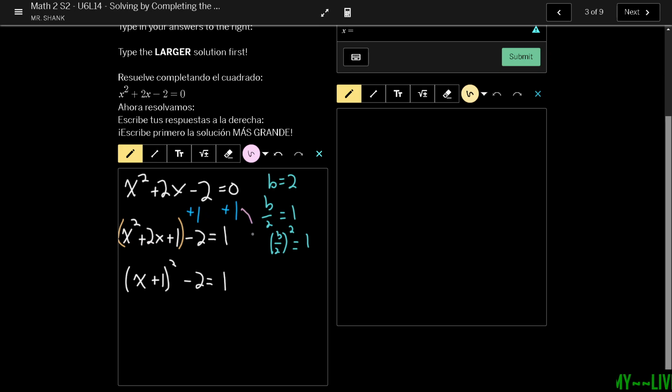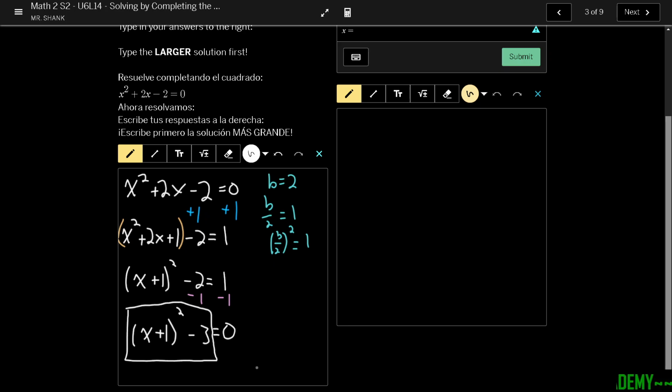So same as I did up here, I'm now going to subtract 1 from both sides because I need to have it set equal to 0. So this is going to be x plus 1 squared minus 3 equals 0. And this is going to be our vertex form.